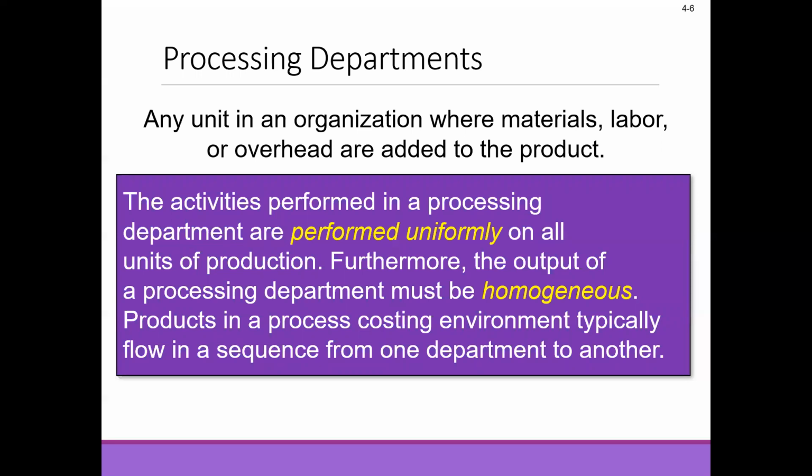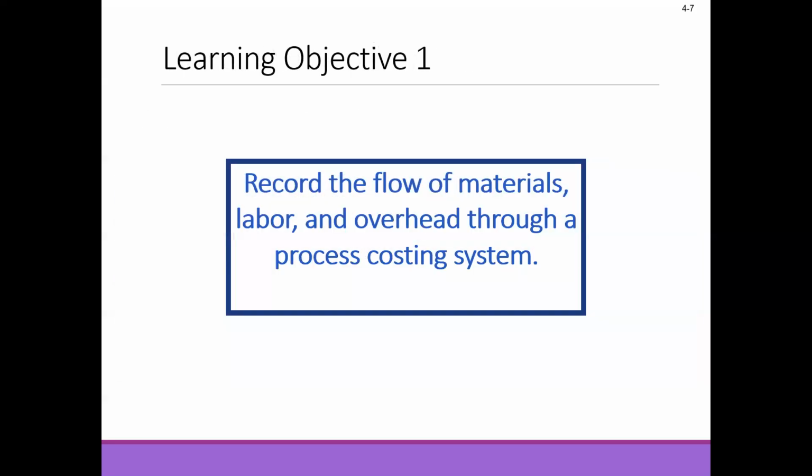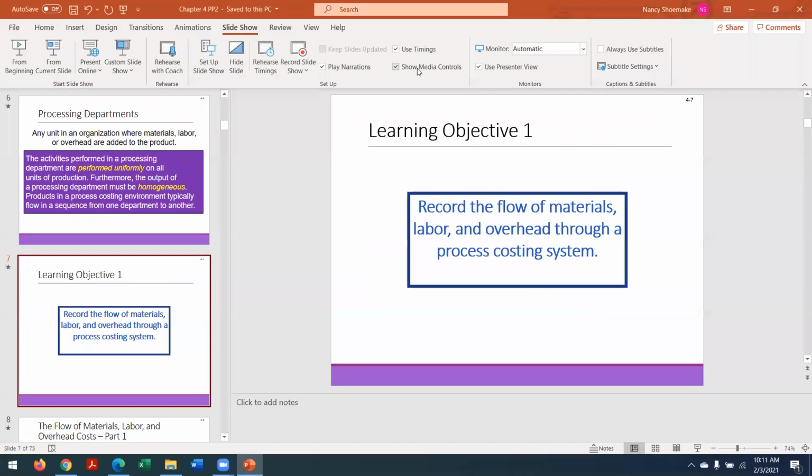The output of a processing department is homogeneous. Products in the process costing environment typically flow in a sequence from one department straight into another department.